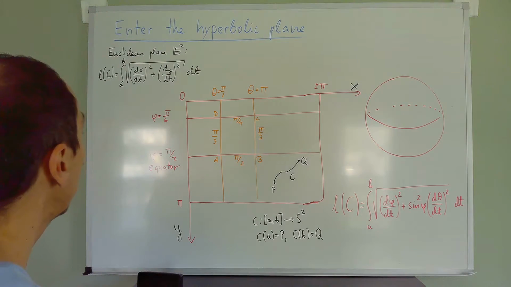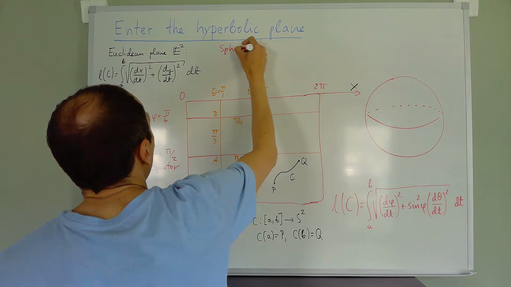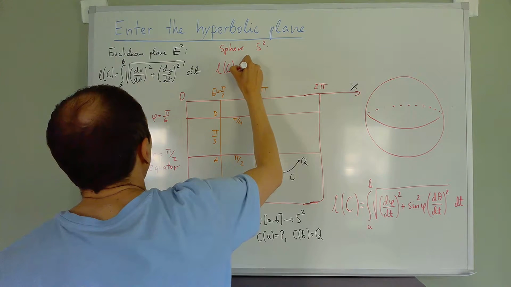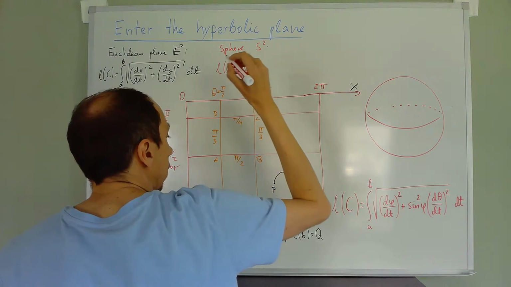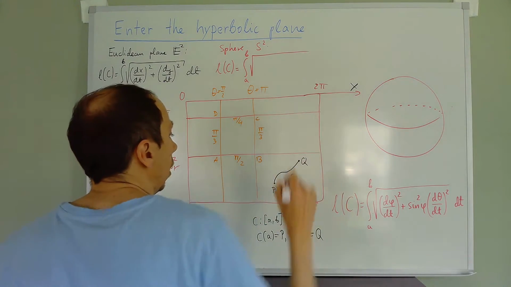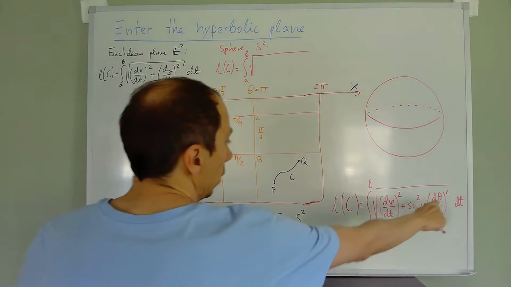So then, for the sphere, the length of a curve on the sphere is the integral from A to B of the square root of, okay, so I denoted phi by y and theta by x.